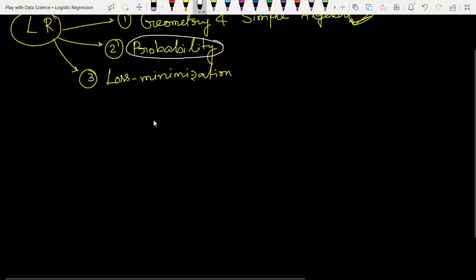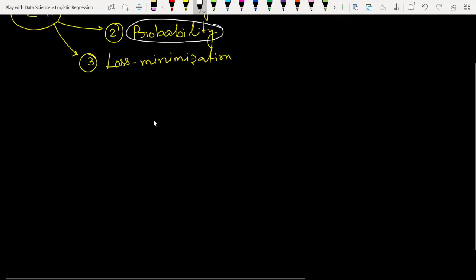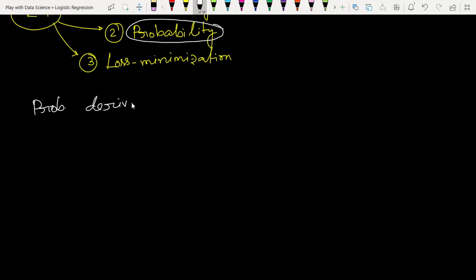So first, what is the probabilistic derivation of logistic regression?